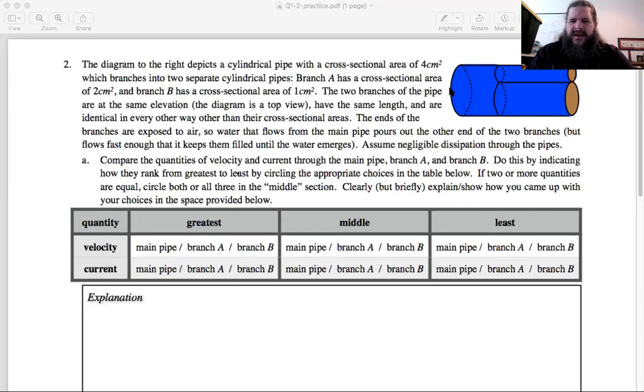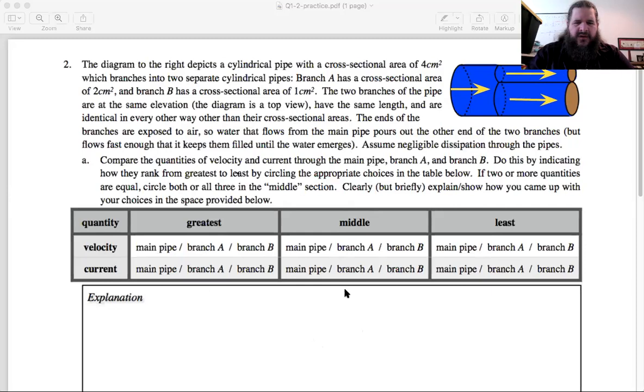We've got the current flowing through this main pipe. So let me label those. We've got this incoming current, and then we've got a current in this pipe, and we've got a current in this pipe.